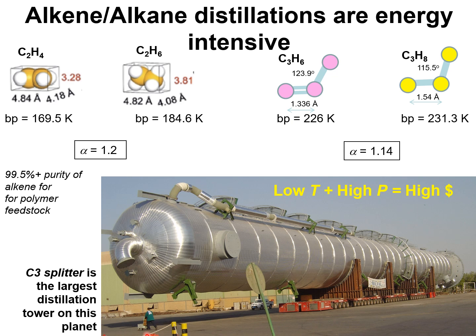Just to put this in perspective, this is a picture of a human being, and you should consider the height of this human being in relation to the diameter of the distillation column.